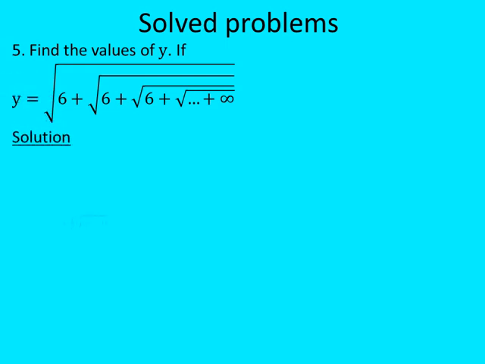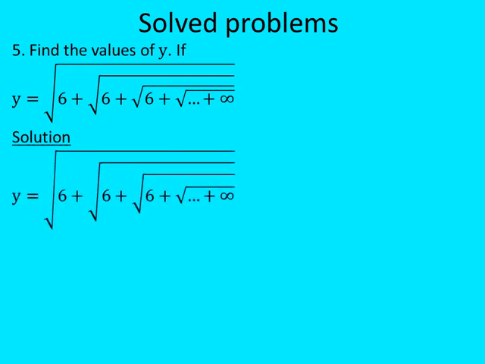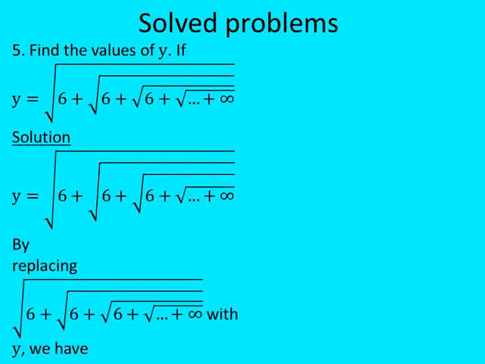So we have solution. Y is equal to root of 6 plus root of 6 to the infinity. So we say by replacing root of 6 plus root of 6 to the infinity with y, we have y is equal to root of 6 plus y. So you have to be very careful to write the first root of 6 before replacing your y. Otherwise you are going to have y is equal to y and there is nothing to solve.